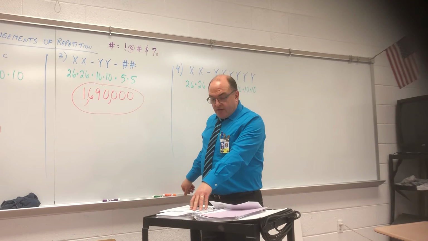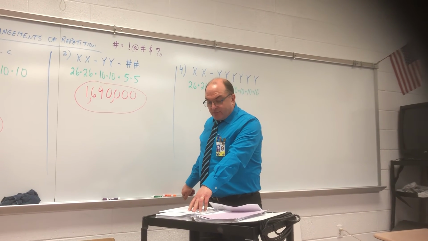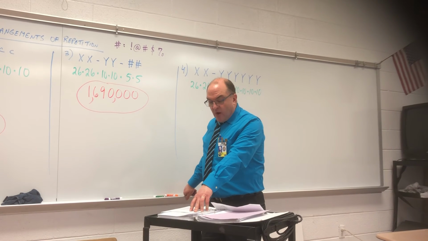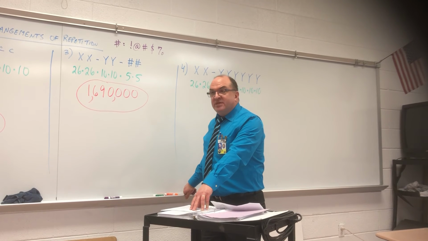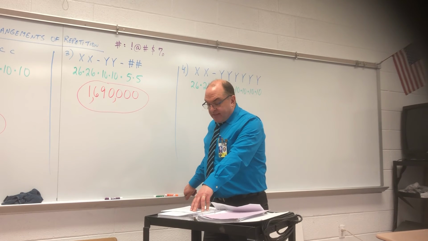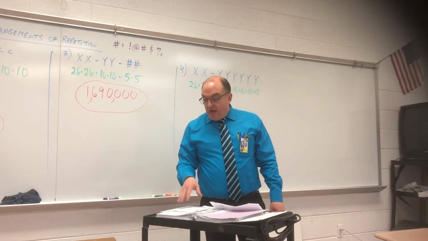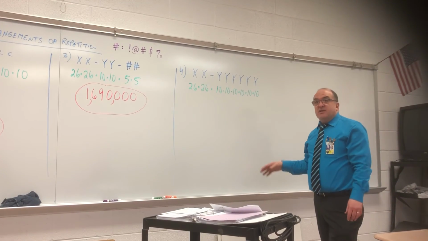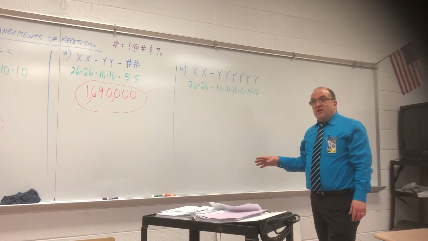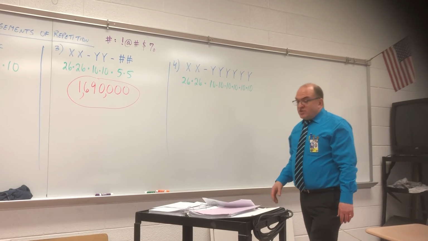If you look at number 1, it says, how many license plates can be made of the form XXX, YYY, where X is a letter of the alphabet and Y is a number from 0 to 9. In this entire paper, if I say Y is a number, please assume it means 0 to 9.